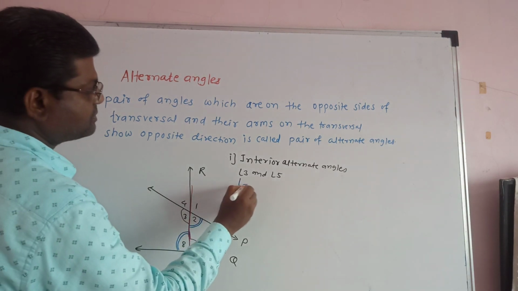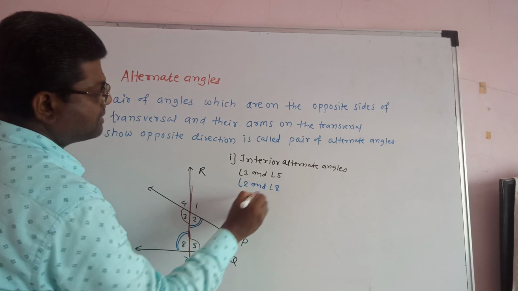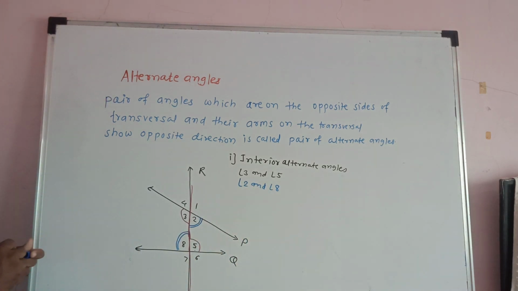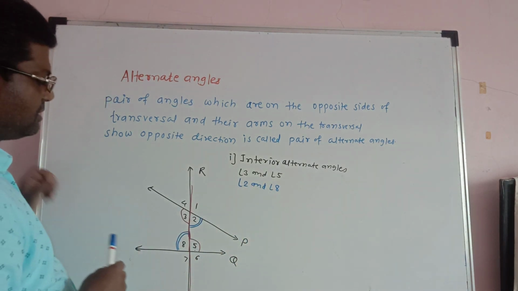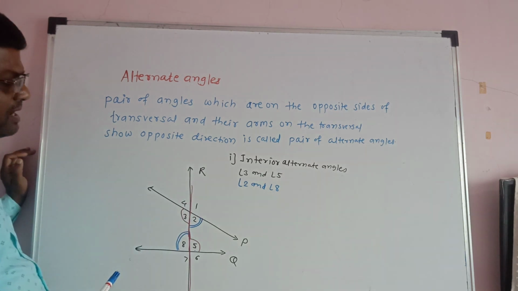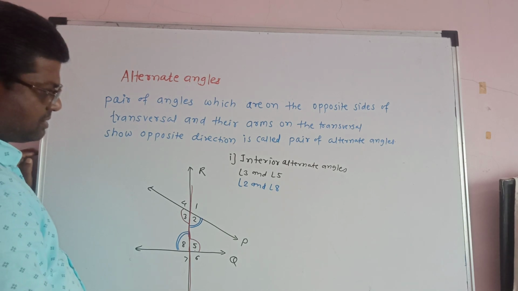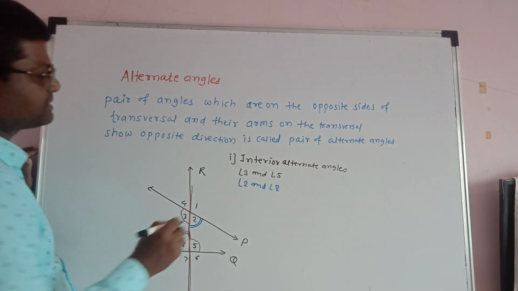So angles 2 and 8 are interior alternate angles which are on the opposite side of the transversal and their arms on the transversal are in opposite direction.